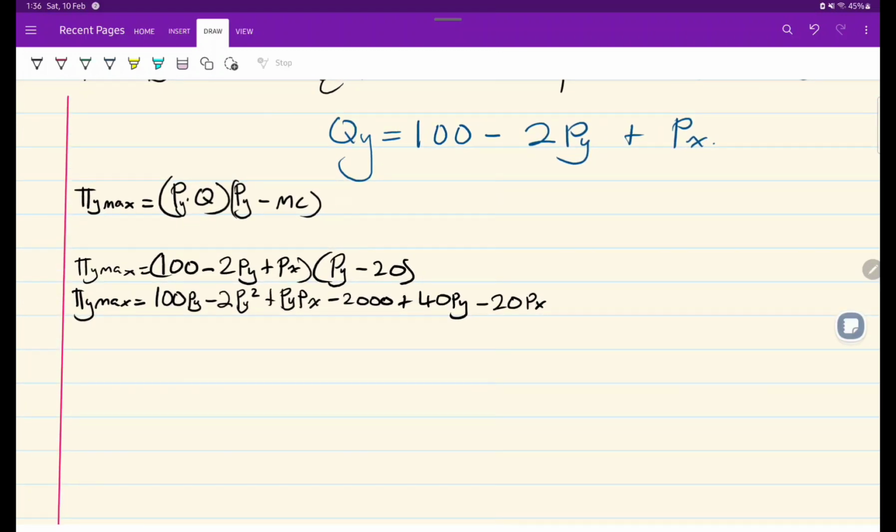Okay, so I've just rearranged it a bit, highlighting in blue, highlighting like terms.